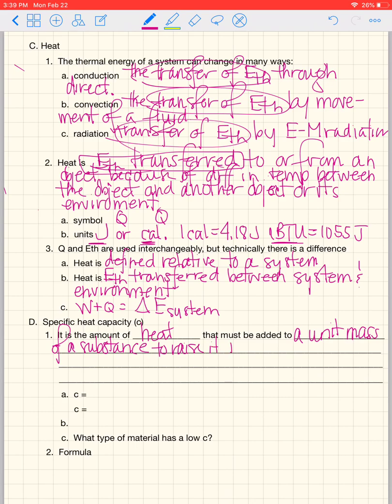And it's always Celsius. Not Kelvin, not Fahrenheit. So it's always Celsius, but may not always be grams.